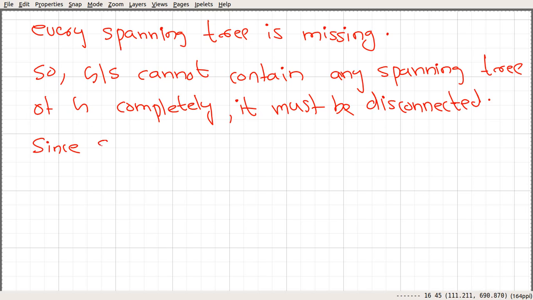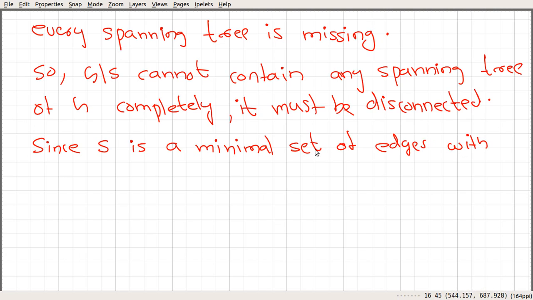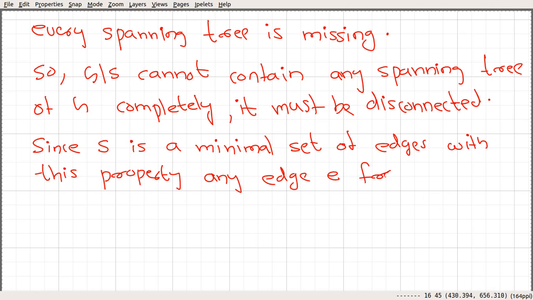Since S is a minimal set of edges with this property, where the property means that deleting those edges makes the graph disconnected, consider any edge E from S. We deleted S from this graph, and if you take any edge E from S and put that edge back here, we can see that at least one spanning tree will start appearing.